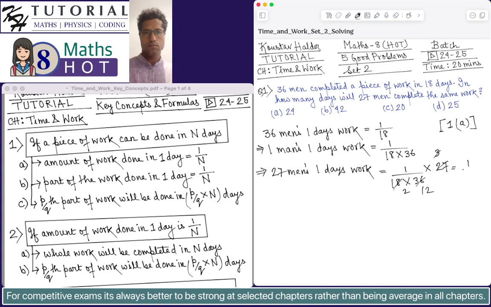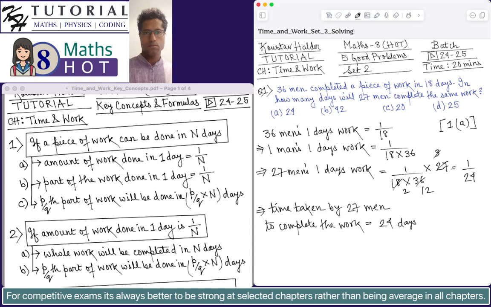This is equal to 1 by 24. So 27 men's 1 day's work is equal to 1 by 24. This implies, from here we can say that the time taken by 27 men to complete the work will be equal to 24 days.